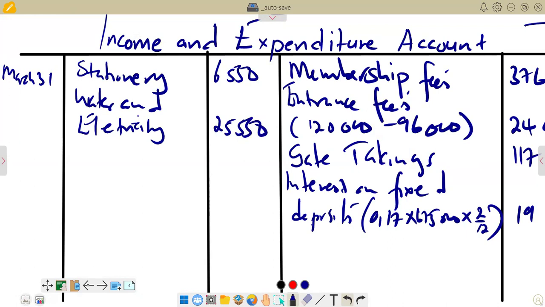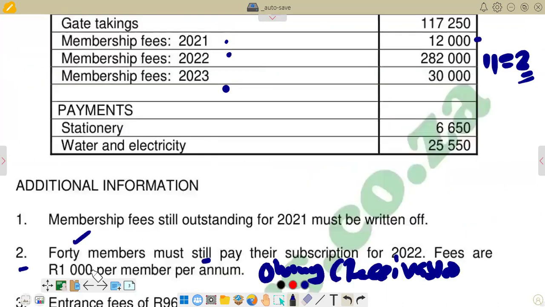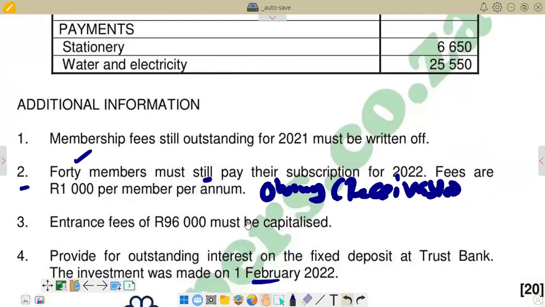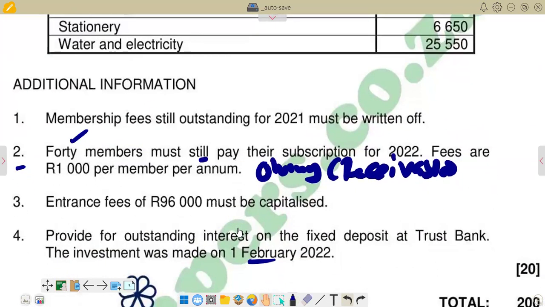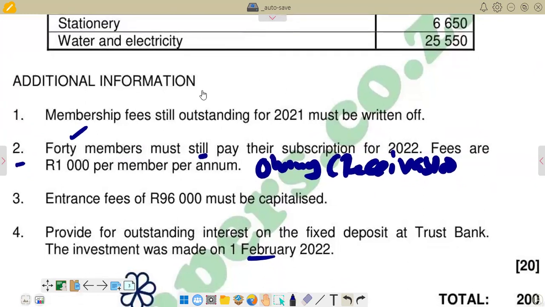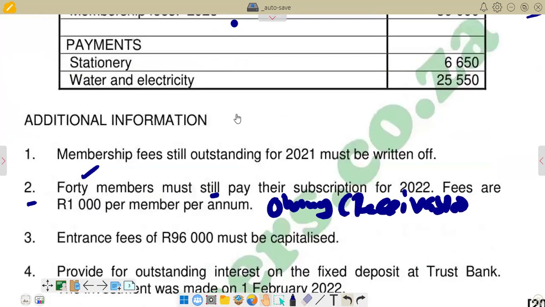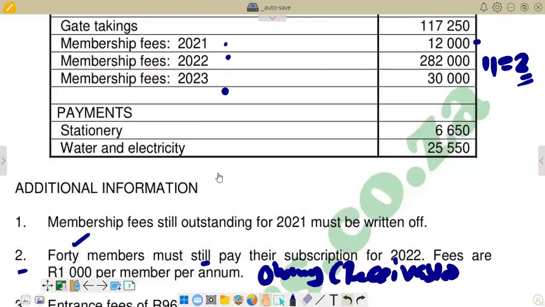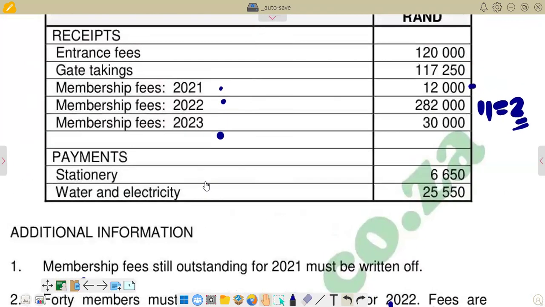But if you go back again there, we have got something about credit loss that is mentioned. Go down. Right, if you go to item one saying membership still outstanding for 2021 must be written off. But remember, we calculated that the amount that was received for 2021 is 12,000, as we are given.